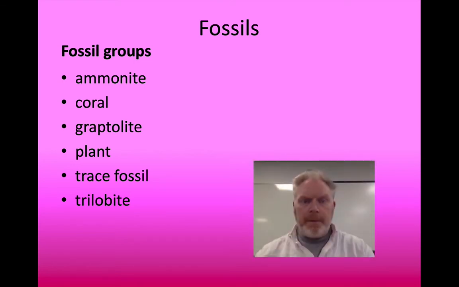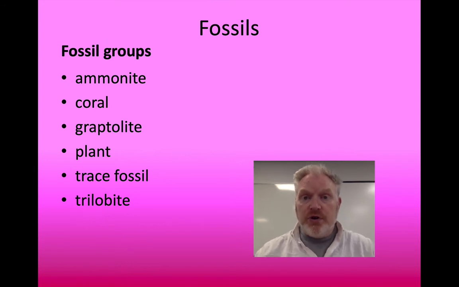Okay, as well as rocks, we need to be able to identify fossils. There are 6 fossil groups that you can be asked to identify. We've looked at these in theme 10 in particular, but also a little bit in theme 9 as well.